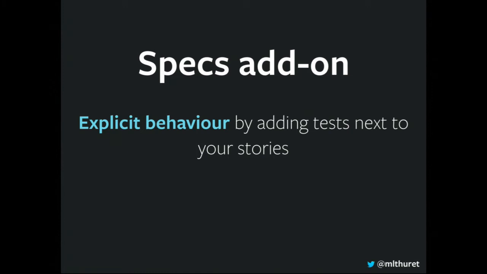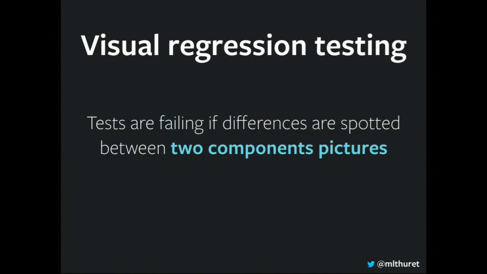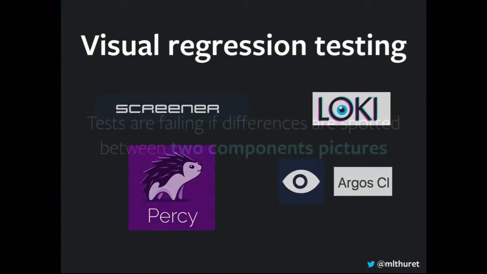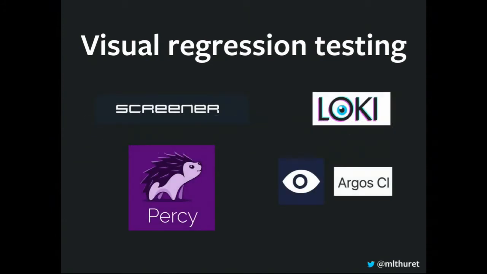The last thing you can do with Storybook in order to test it is perform some visual regression testing, which is a bit like the snapshot one. But instead of snapshotting markup, you are snapshotting the visual of your components, and you are performing some diff. It's a very trendy topic at the moment. You have a lot of actors getting on the bandwagon.